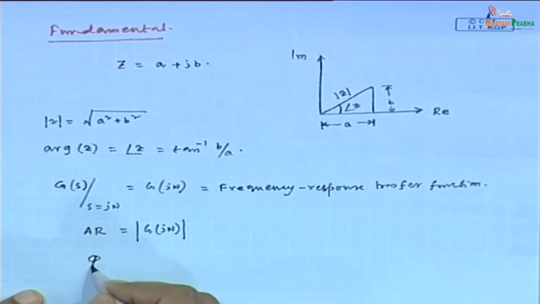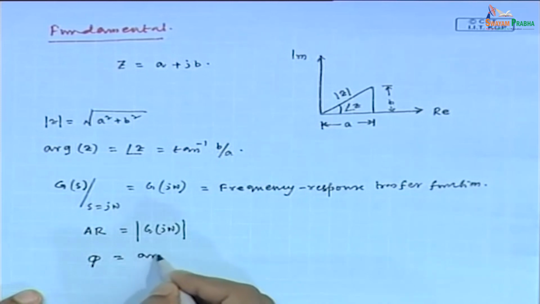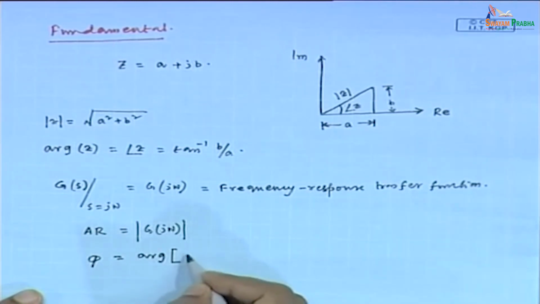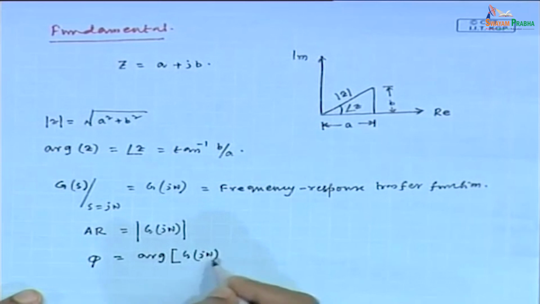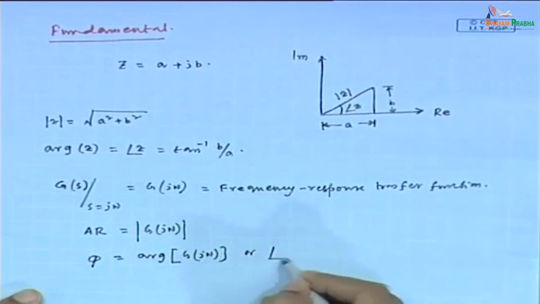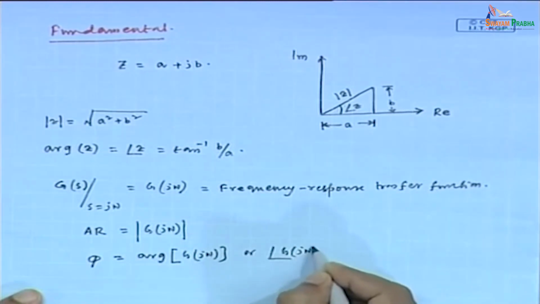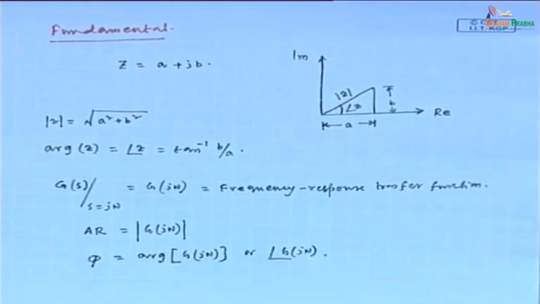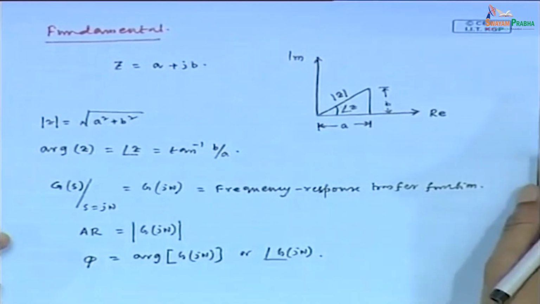Similarly, the phase angle phi is the argument of this frequency response transfer function. It can be represented by this notation. Fine. So, this is the fundamental frequency response result.